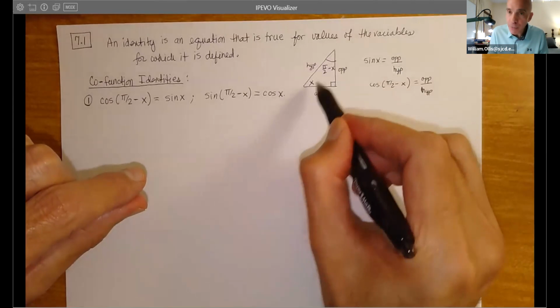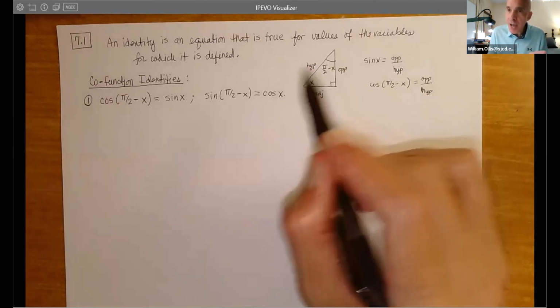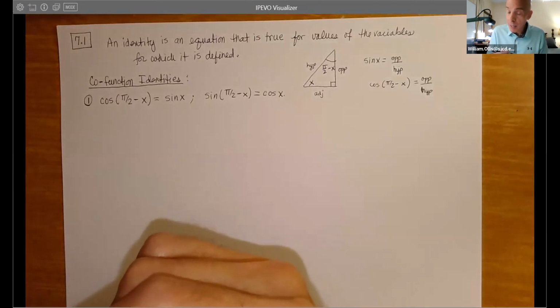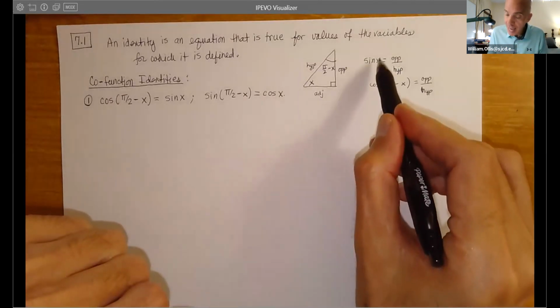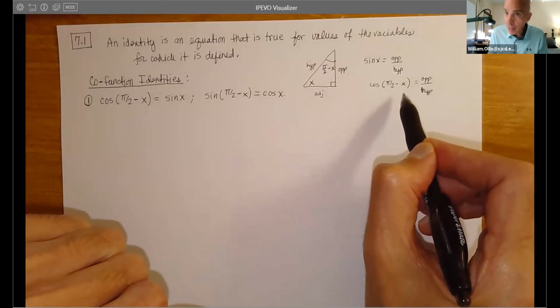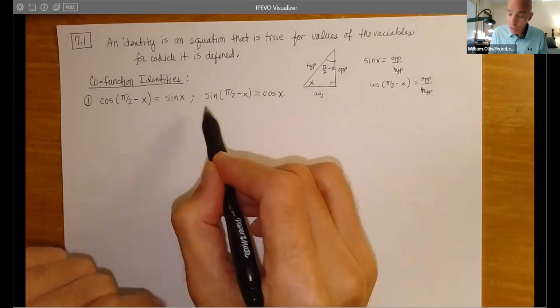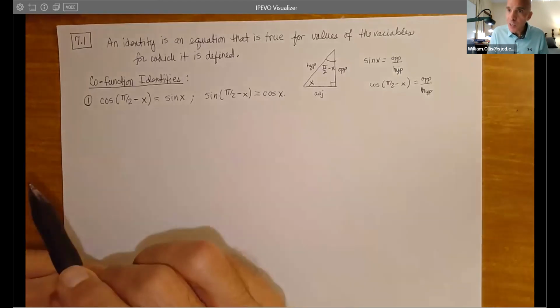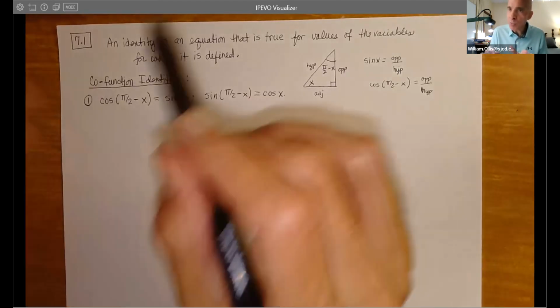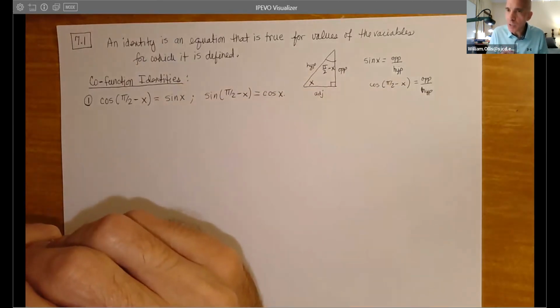When we go to the complementary angle, sine and cosine are the same. That is, when we say the sine of x, that's the same as the cosine of the complementary angle, and vice versa here. So using the right triangles makes this very simple, which we can impose on the unit circle.